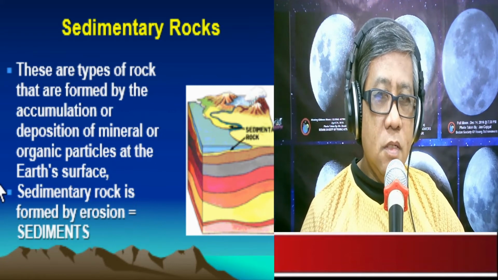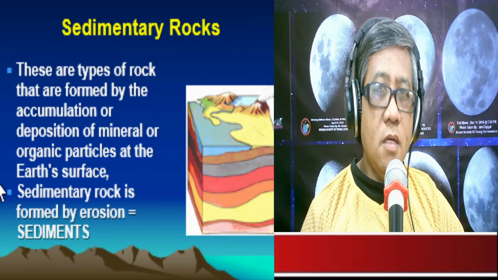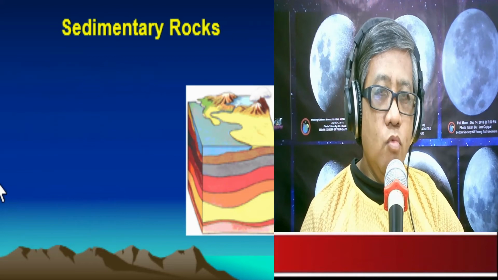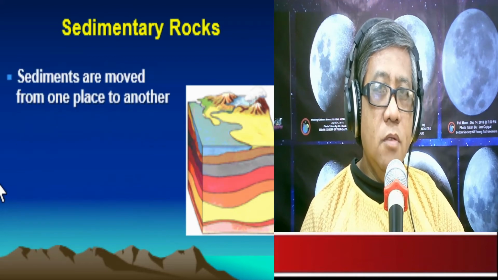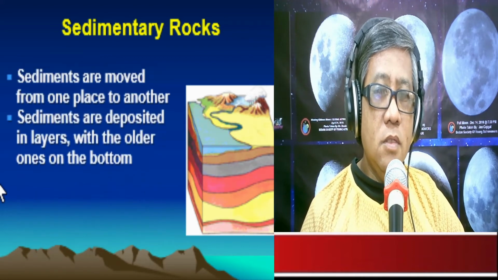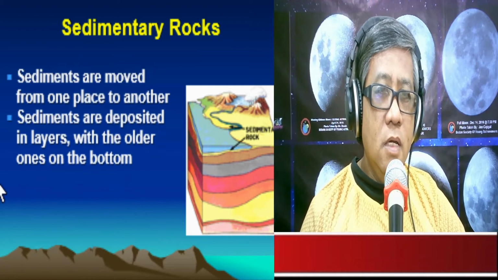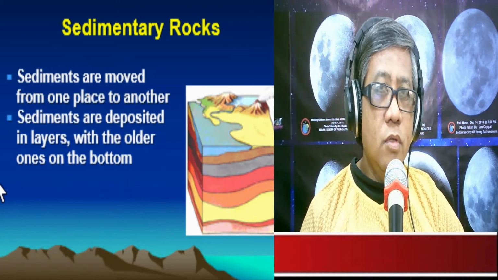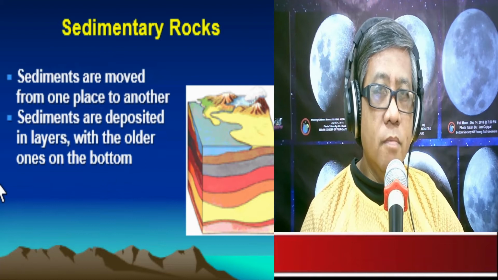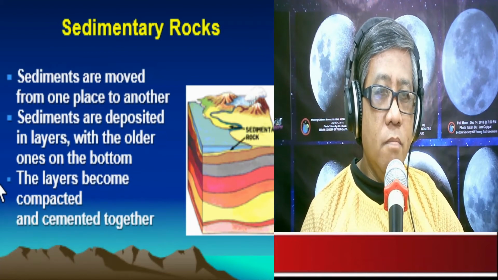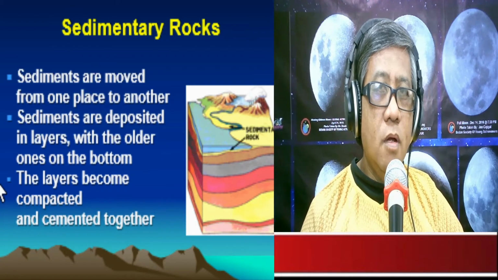These sediments are carried by running water, and eventually they are deposited in layers with the older ones at the bottom. Eventually, these layers get compacted and cemented together, and they form sedimentary rocks.